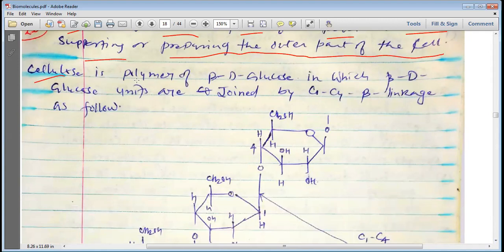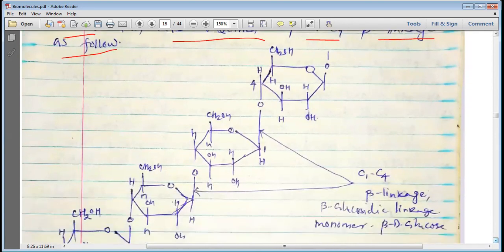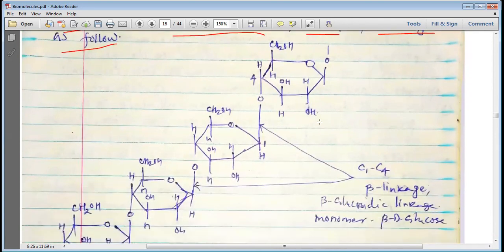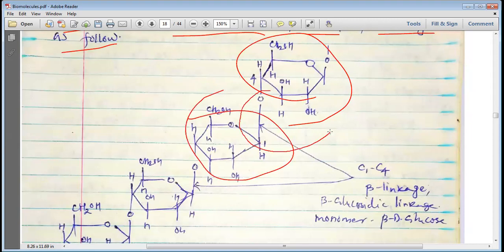So cellulose is the polymer of beta D glucose, in which beta D glucose units are joined by the C1-C4 beta linkage. Please remember that here the linkage is very different. You can see that this is the linkage part.